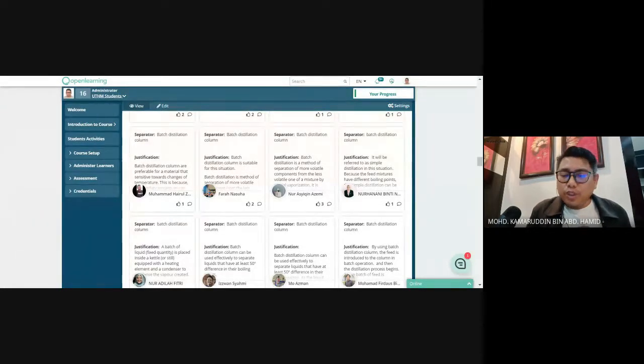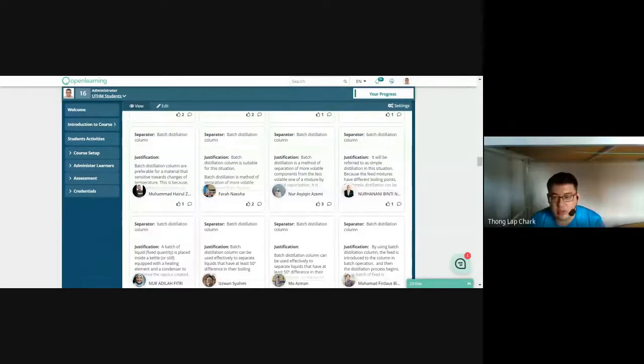You know the difference between continuous and batch, right? Tom, do you know the difference between batch and continuous, for any process? When you talk about batch, what does it mean? Batch is just one input, then you cut off the input until the process is finished, and then you input the new process.